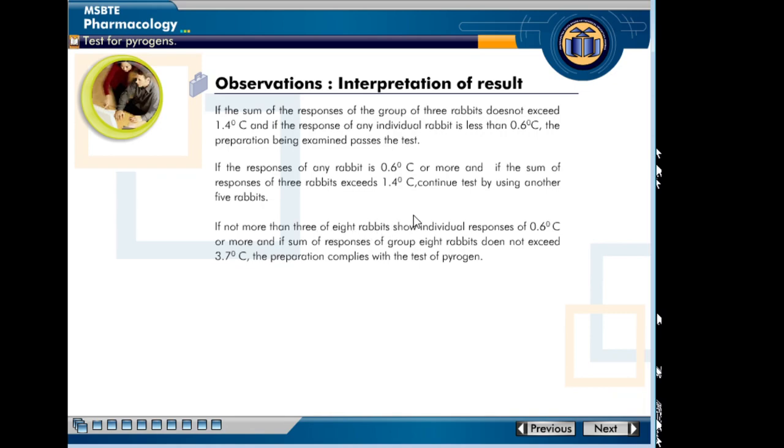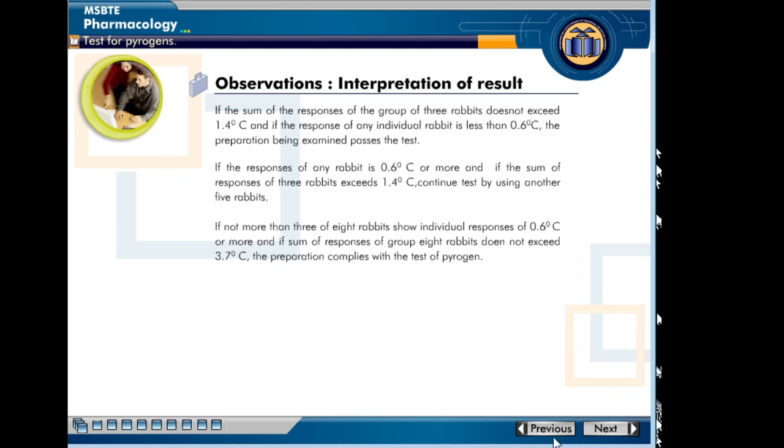If the response of any rabbit is 0.6 or more, or if the sum of responses of the 3 rabbits exceeds 1.4 degrees Celsius, continue the test using another 5 rabbits. If not more than 3 of 8 rabbits show an individual response of 0.6 degrees Celsius or more, and if the sum of responses of the group of 8 rabbits does not exceed 3.7 degrees Celsius, the preparation complies with the test for pyrogens IP.